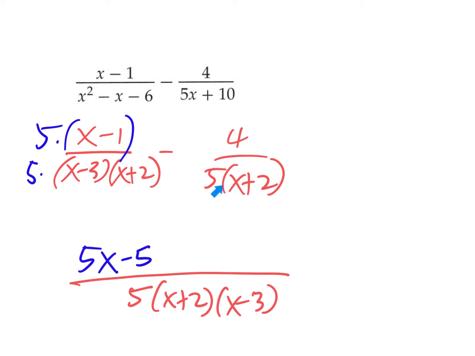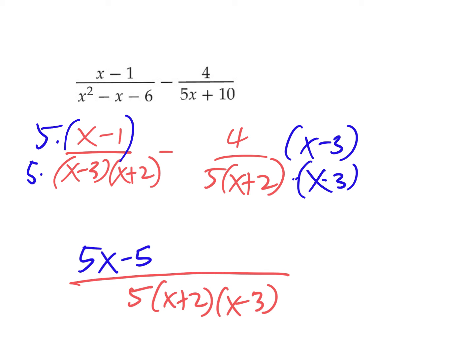What is missing from this current denominator that the common denominator has? X minus 3. So I multiply by x minus 3 and x minus 3. Be careful. Consider this minus 4. Okay? Consider this negative 4. Because what you want to do is distribute it like a negative 4. And that'll make life easier.